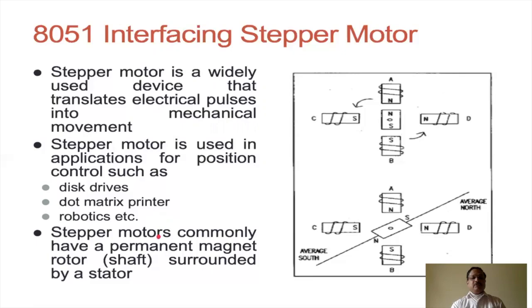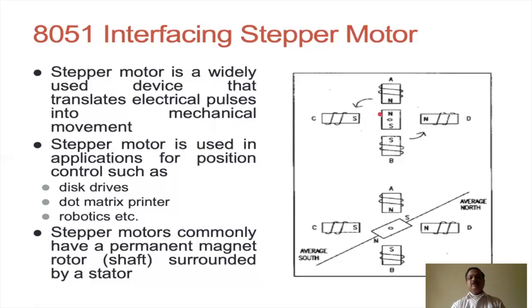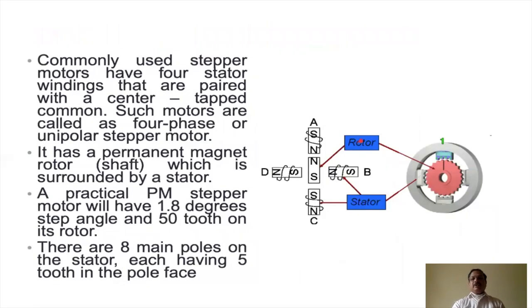Now, stepper motors commonly have a permanent magnet rotor surrounded by a stator. The construction is shown here. You can see this is the rotor and there are four stator windings A, B, C, D. Here you can see the rotor and the four stator windings.